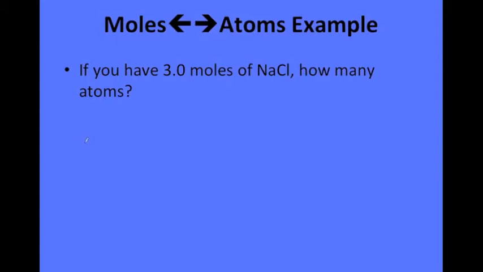You're going to start with 3.0 moles of NaCl, which is the given value. And then diagonally to that in the bottom box, you're going to put 1 mole of NaCl.